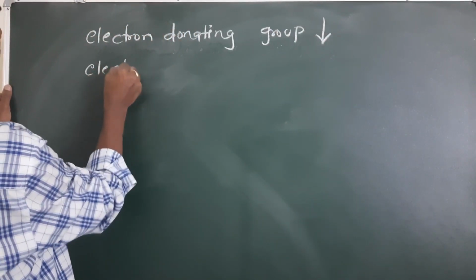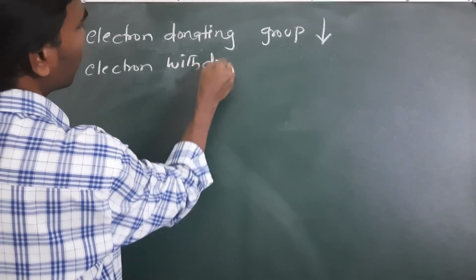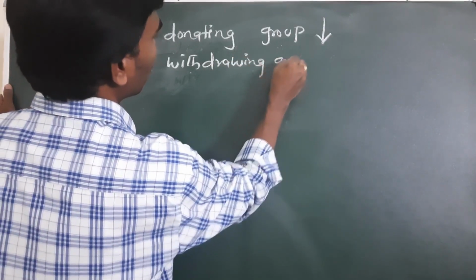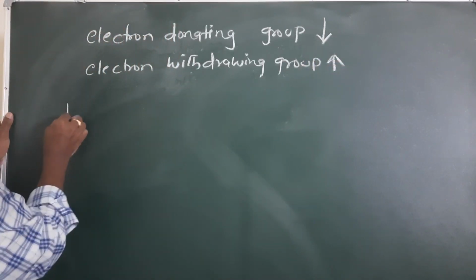An electron withdrawing group will increase the reactivity. The reactivity order will be like this.